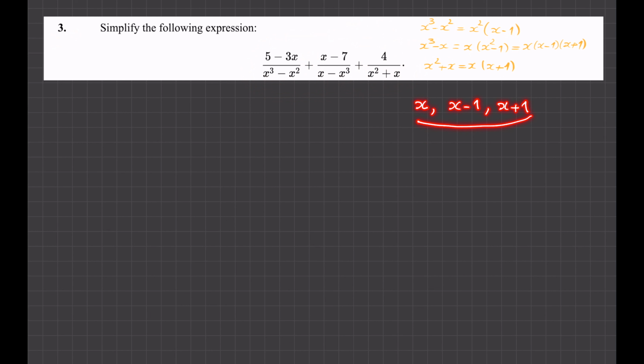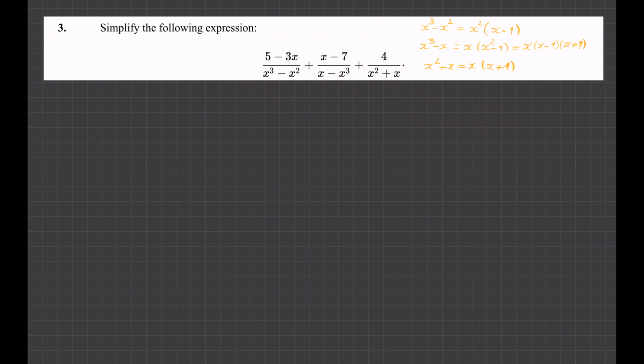But of course, the highest power of x, here the power is 2, here the power is 1, here the power is 1. So the highest power is 2. But the highest power of x minus 1 here and here is 1, and no x minus 1 here. So the highest power of x minus 1 is 1. For the same reason, the highest power of x plus 1 is also 1.